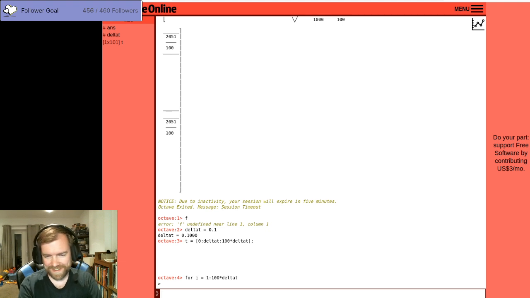Oh well. Okay, so for i going from 1 to 100 delta t, what we're going to do is say that k1 is going to be equal to, we didn't define f. That's fine.